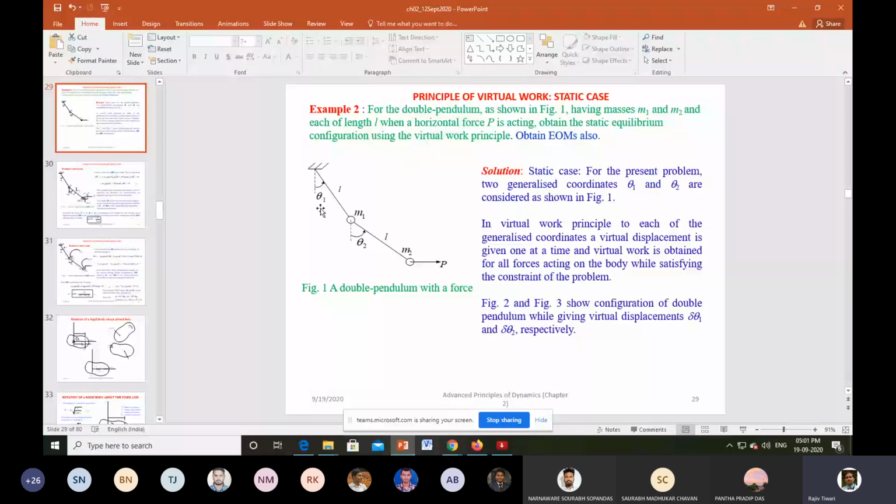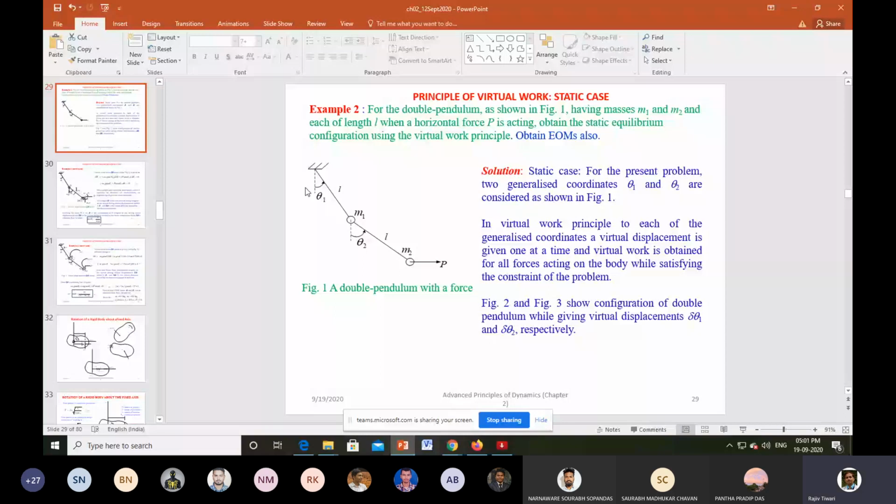As I mentioned, this is a 2-degree of freedom system in which the position of the two pendulums can be defined by theta 1 and theta 2 as generalized coordinates, and we will use the virtual work principle for solving for theta 1 and theta 2.